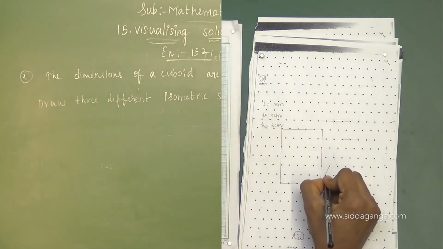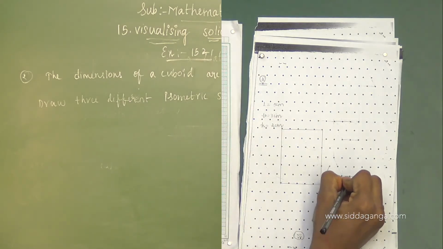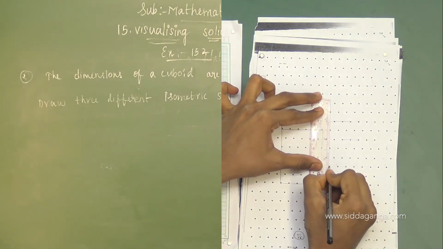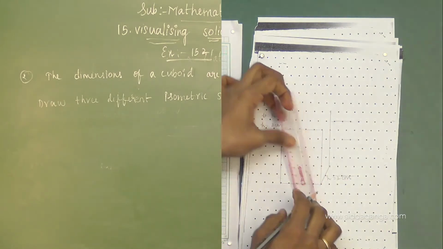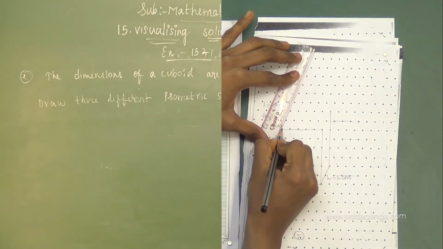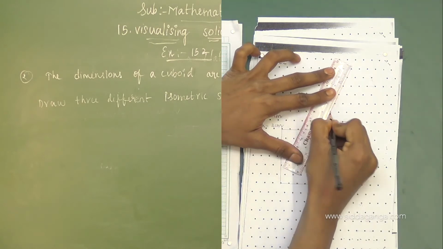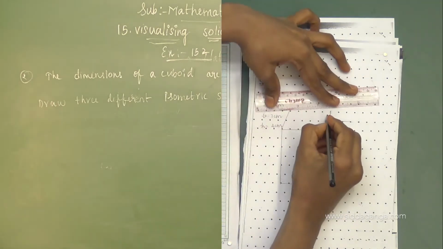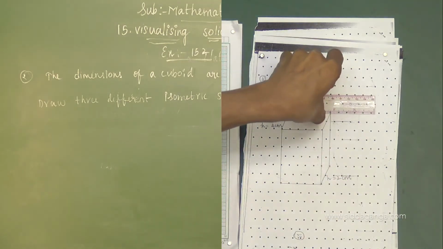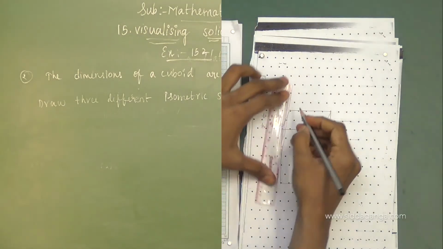H equals 2 centimeters. 1, 2, 3, height, breadth, and then here also we have to take height like this. This is the cuboid.